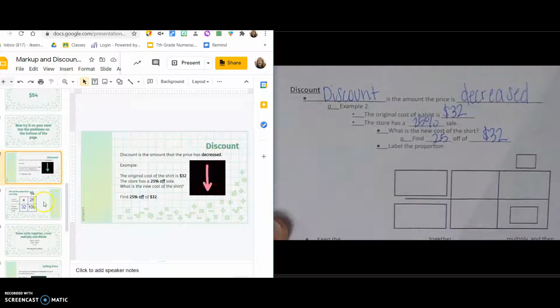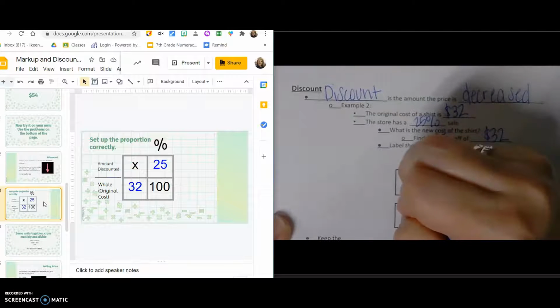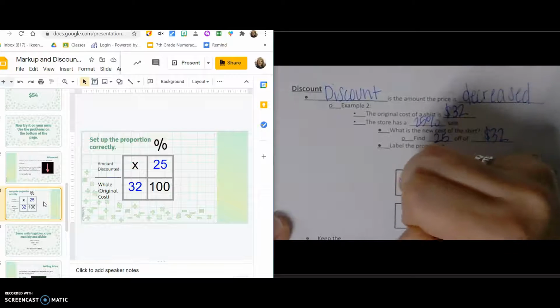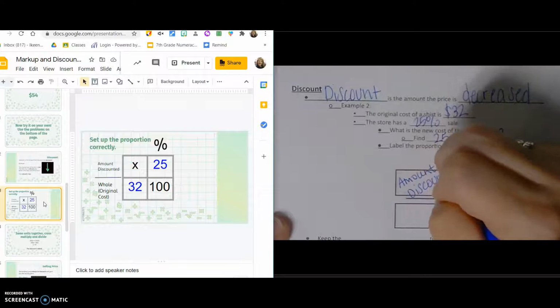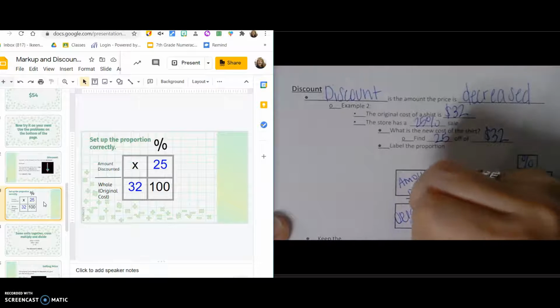Okay, so just like we did with the markup notes, you're going to go ahead and set up your proportion. Okay, so we have the percent out of 100. Okay, that's staying the same. So this is the amount that is being discounted over the original cost.